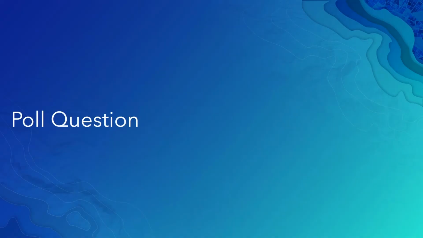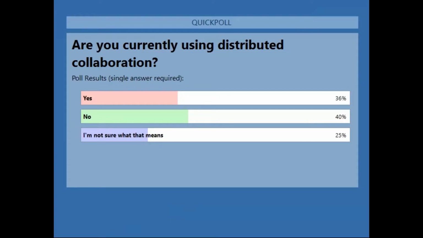All right, looks like people are selecting in. Let's take a look at the results. All right, perfect. So this is actually really good. So about 36% of you saying, yes, we're using distributed collaboration today, so that's great. I hope that you will pick up some new tips and tricks, see where we're headed as a technology of ArcGIS.